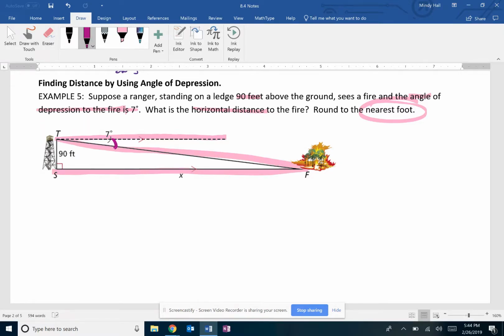So because we have that Z, we know that we have alternate interior angles. So I know this angle in here is 7 degrees. And some people will also see this as the triangle over here, and they'll draw the picture and label the triangle on the top. But if that doesn't make sense to you, don't worry about it. If it does, you can use it.